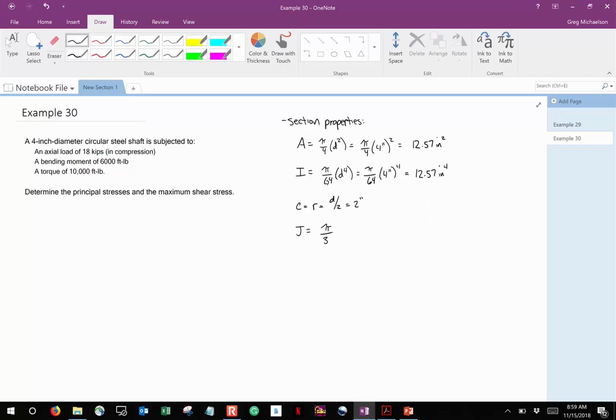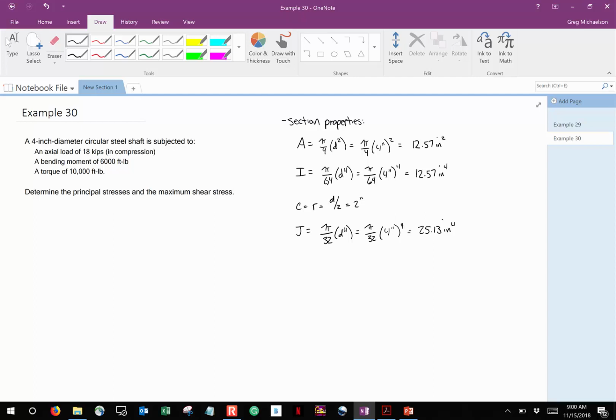So that's pi over 32 d to the 4th. So that's pi over 32 times 4 inches to the 4th. And that, I believe, is going to be a different value. Yes, I have 25.13 inches to the 4th.